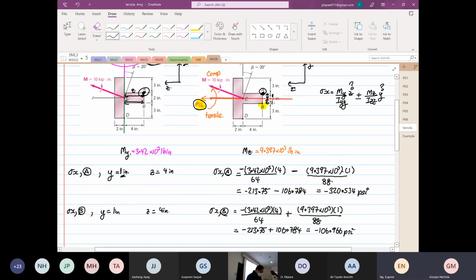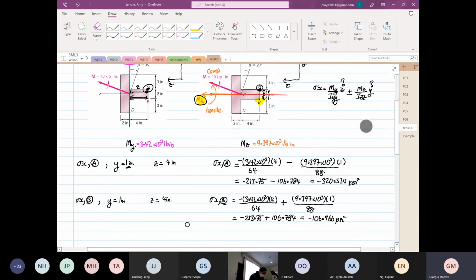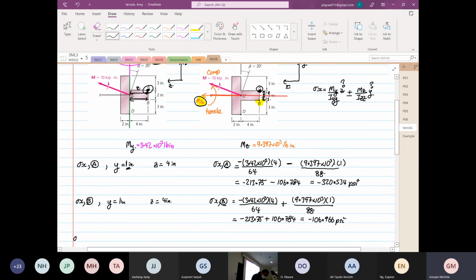And finally, we are going to look at point D. So stress X at point D. If you look at the Y distance, this is the Y distance that I'm drawing now, and I'm highlighting.